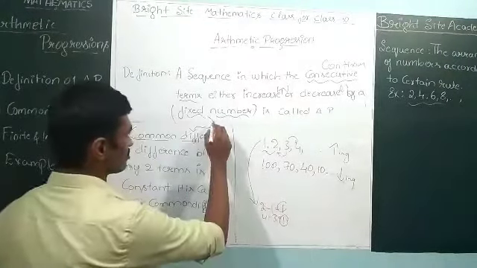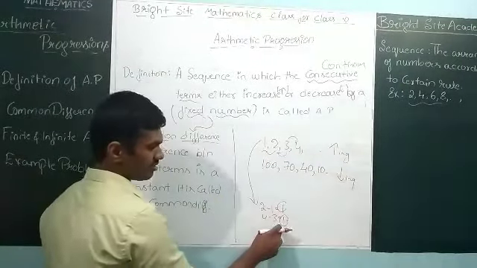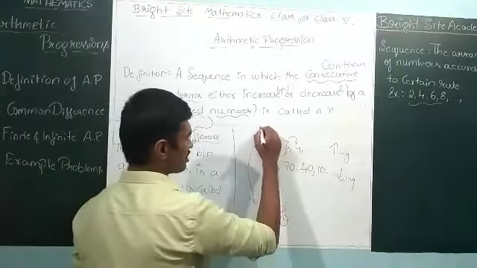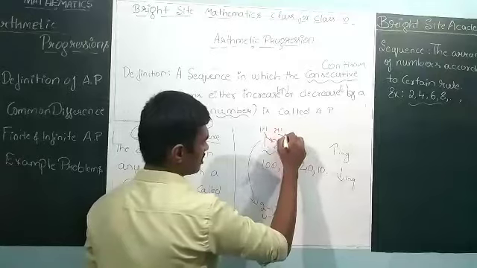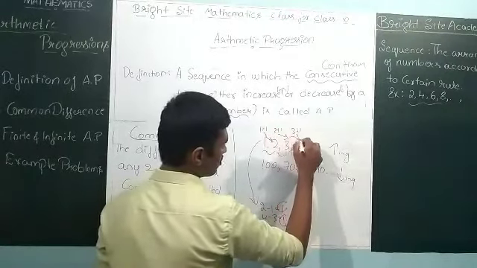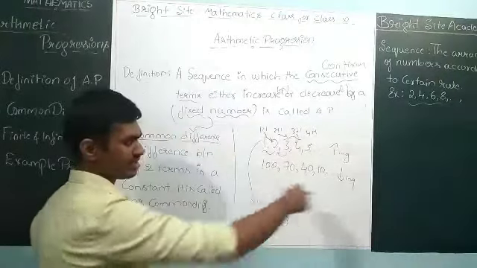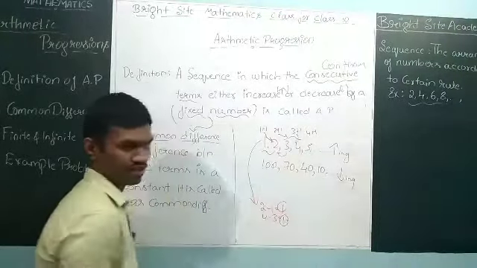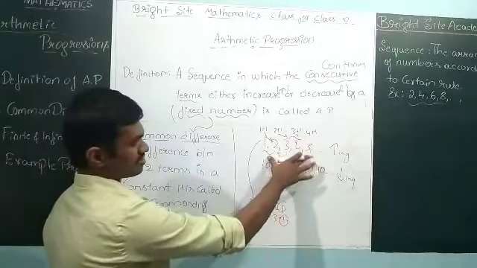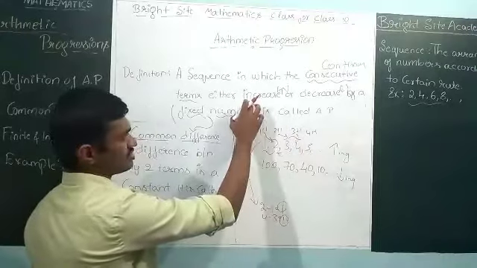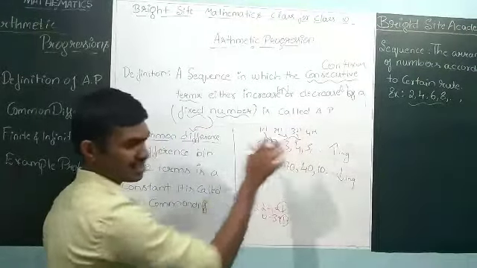This is the fixed number for this sequence. 1, 2, 3, 4 is increasing by a fixed number 1, because 1 plus 1 is 2, 2 plus 1 is 3, 3 plus 1 is 4, 4 plus 1 is 5, and it goes on. It is increasing because of 1, that is a fixed number. So it is a sequence in which the consecutive terms increase by a fixed number 1, so it is called an AP.